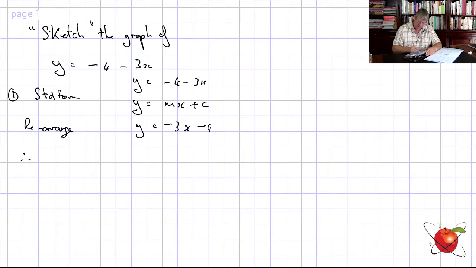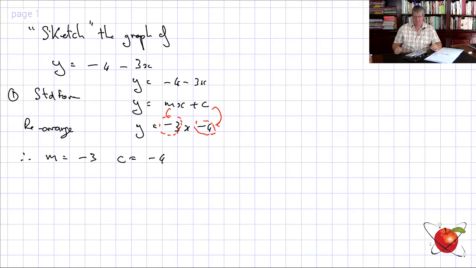Can you see, therefore, m is equal to minus 3 and c is equal to minus 4? Okay? That's what we get from that. Let's just recap it. There's my gradient, m, and there's my c value. That corresponds to that, and that corresponds to that.